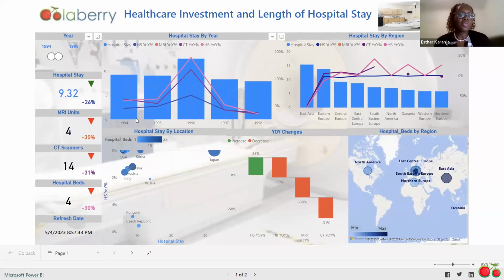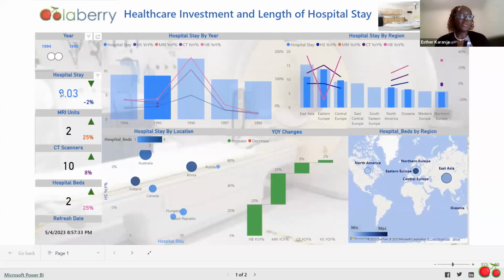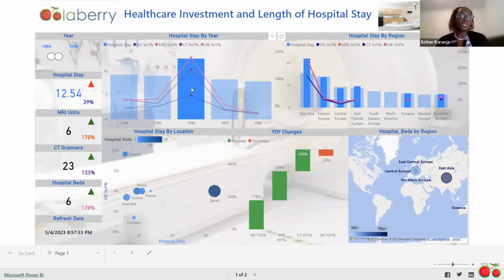We have 1995, 1996, and 1997. As you can see here, in 1995 the hospital stay was 9.03 days. Then in 1996, the hospital stay was 12.54 days.